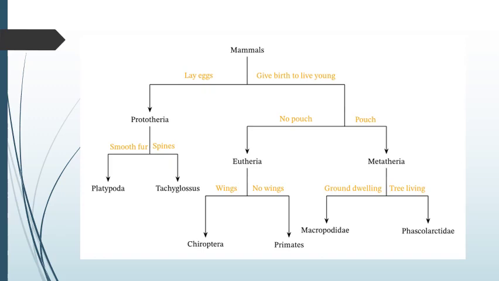If the organism is ground dwelling, then it will be from Macropodida, and if it is a tree living organism, then it will be from Phascolarctida. And then on the right hand we have Prototheria. We divide the Prototheria into two categories: smooth fur or spines. If the organism has smooth fur, then it will be from Platypoda, and if spines are present, then it will be from Tachyglossus.